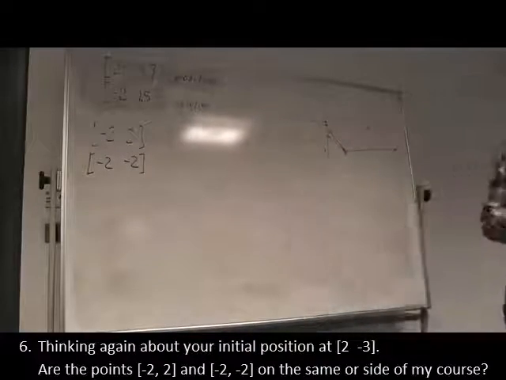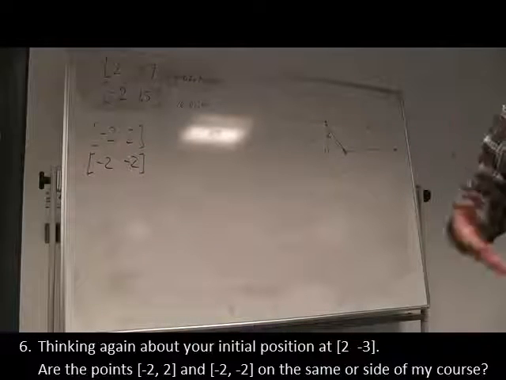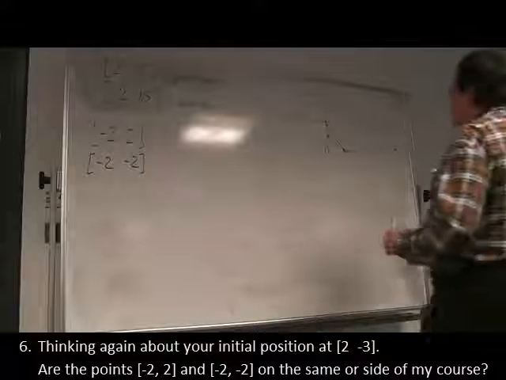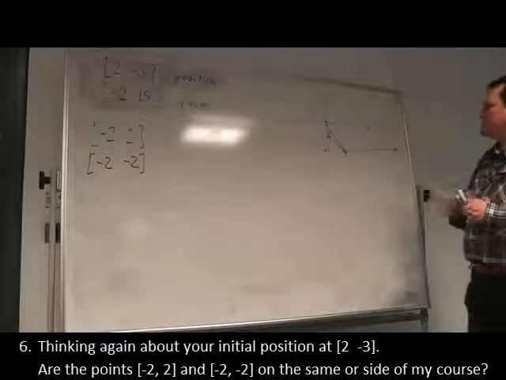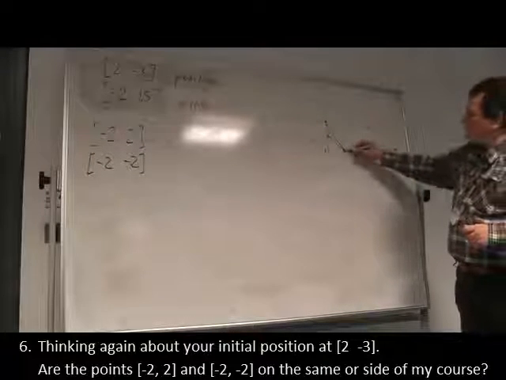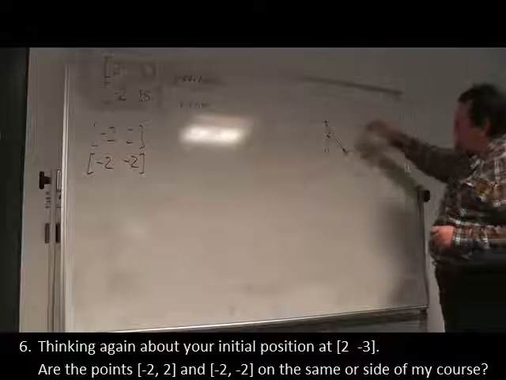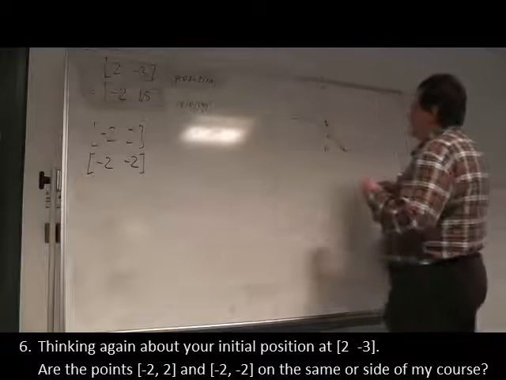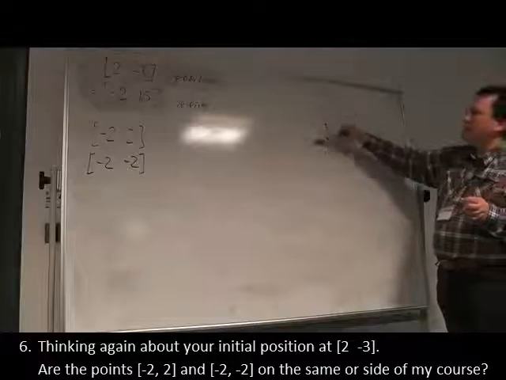What it means whether these points are on the same or on different sides of my course. My course is, of course, the straight line along which I am moving through this surface here. This course is defined by my velocity vector, so this course is here, and if everything is correct on this picture, you can clearly see that my points are on two different sides of this course.